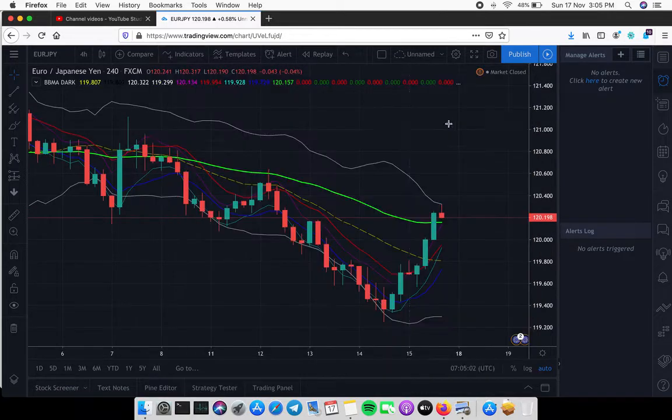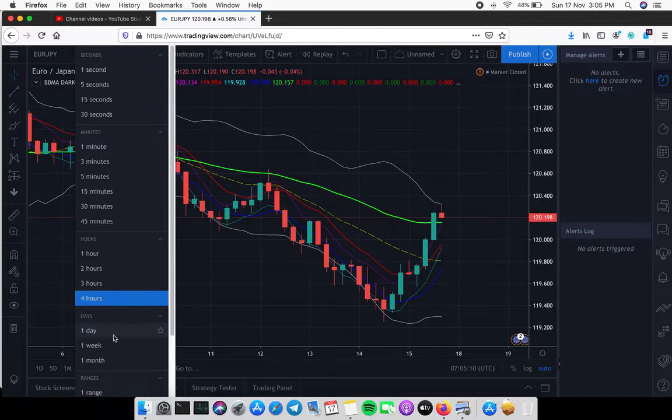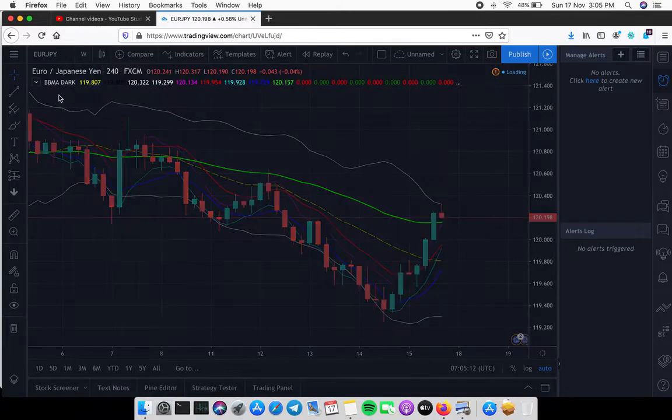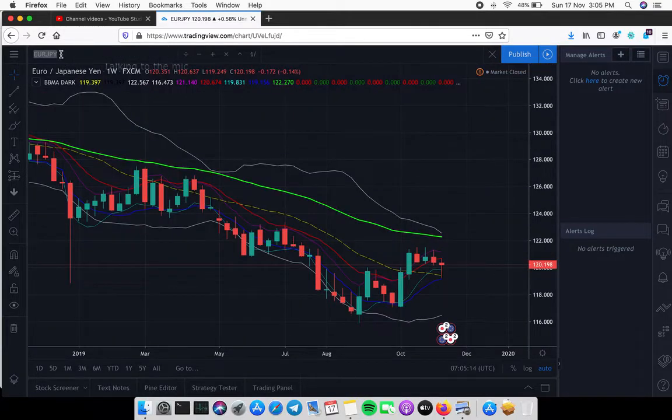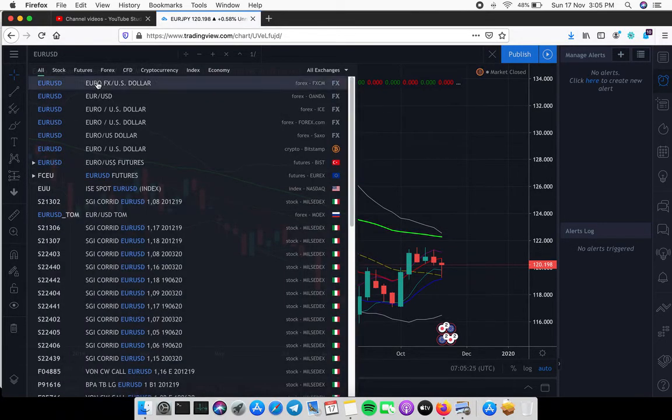You enter your chart, and you will see all the BBMA indicators here. We start our analysis from the weekly time frame, and we systematically go through all the major pairs first, and then the cross pairs. The first major pair that we want to look at is Euro USD.